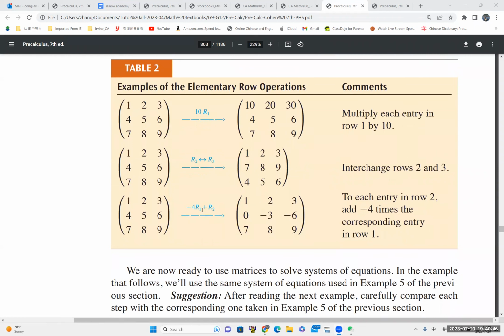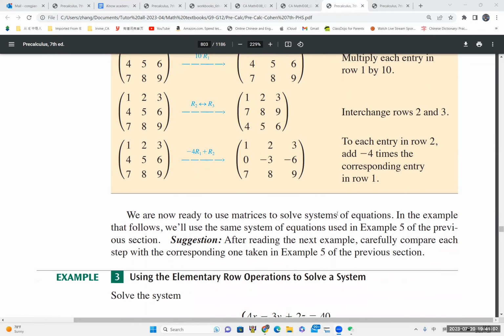Then first row multiplied by -4, added to the second row, right? So these are correct operations, which means they will not change the solution.